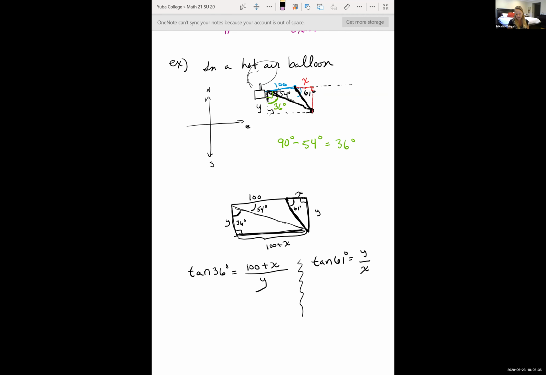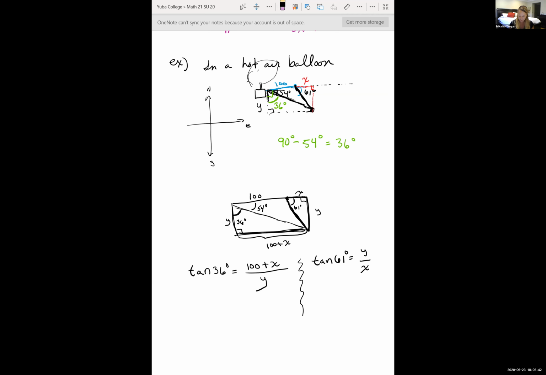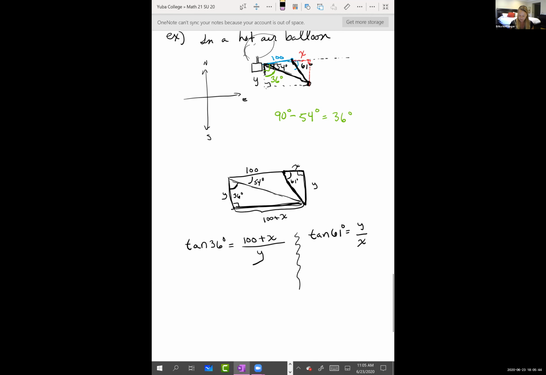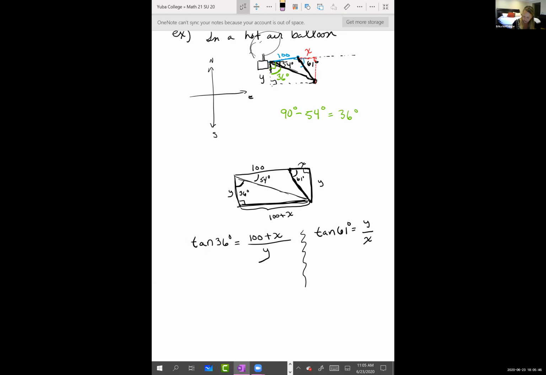We can use substitution. We could solve for Y in each one of these, or I can solve for X. Doesn't matter. Let's solve for X, because if I replace what X is, I'm really trying to find that distance Y.